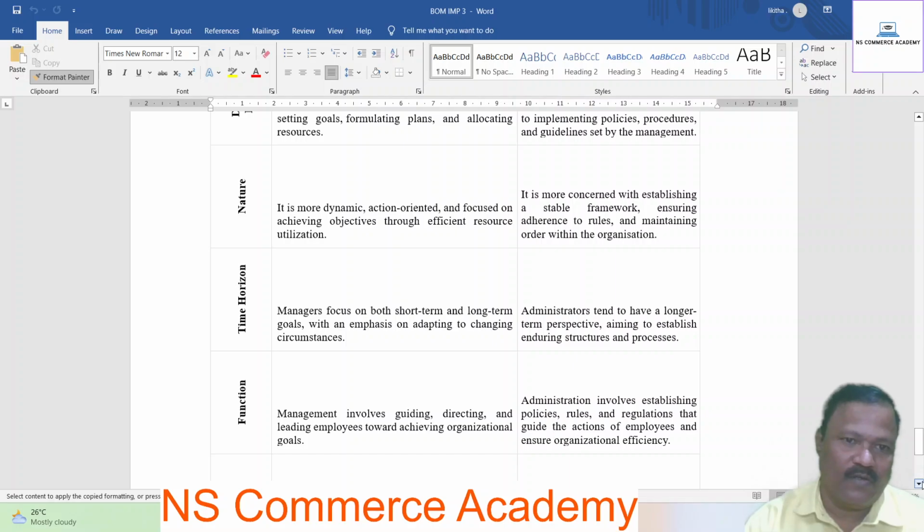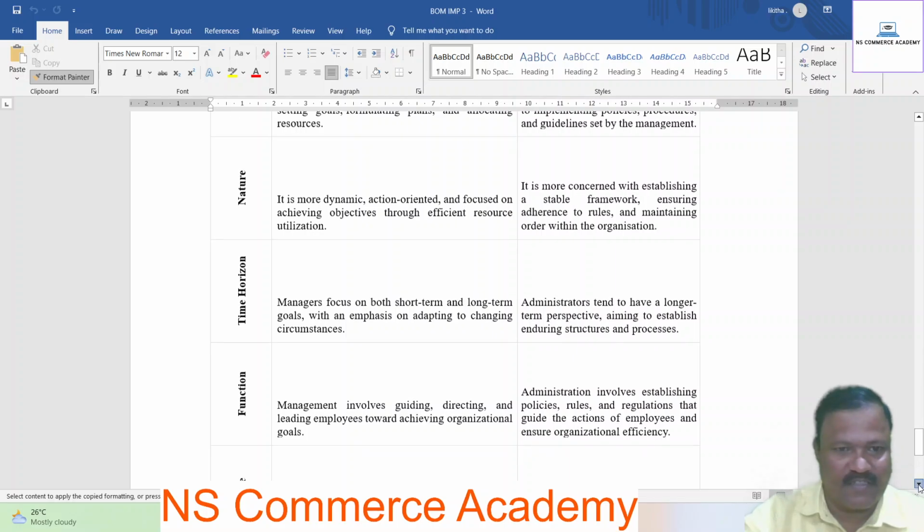The horizon: managers focus on short-term and long-term goals with emphasis on adapting to changing circumstances. Administrators tend to have a long-term perspective, aiming to establish enduring structures and processes.